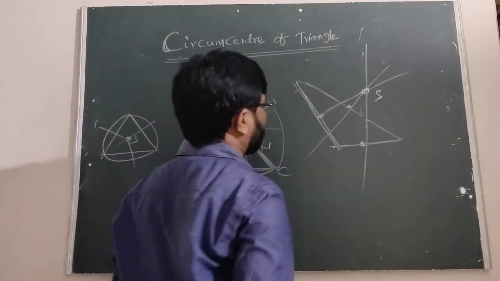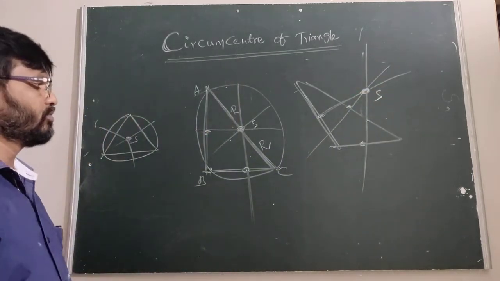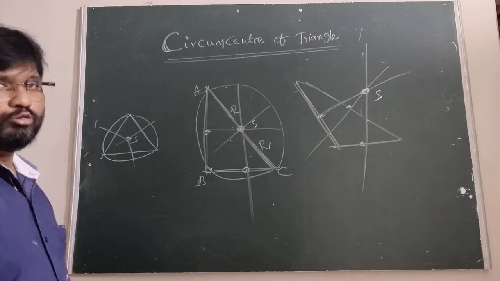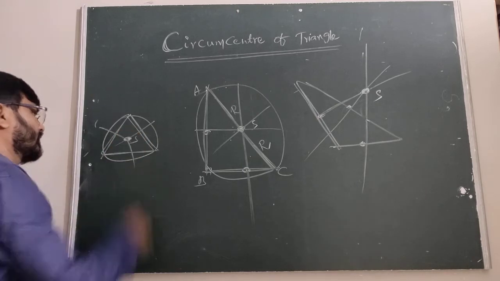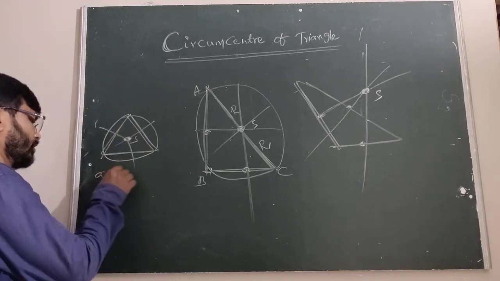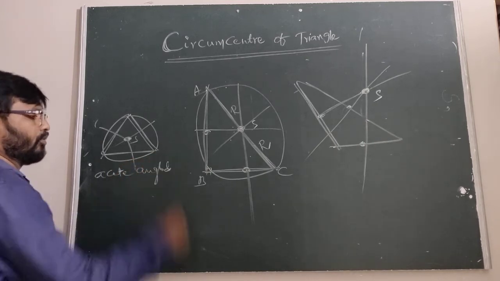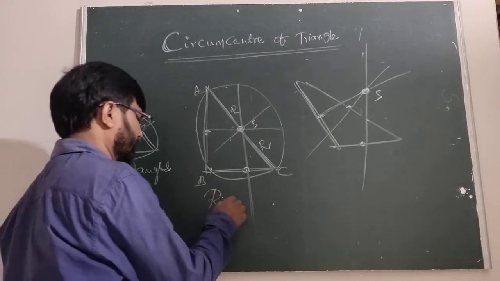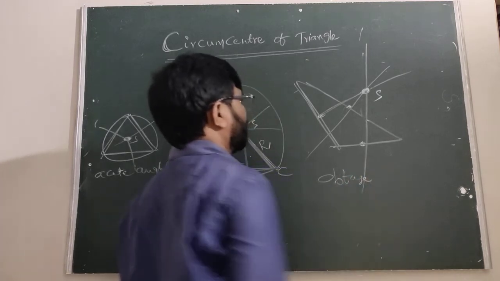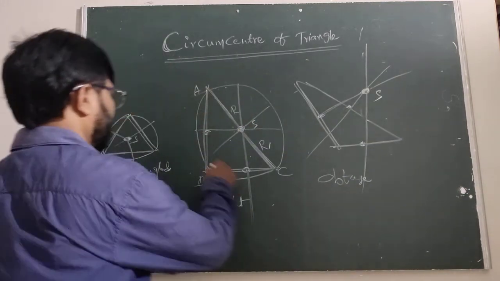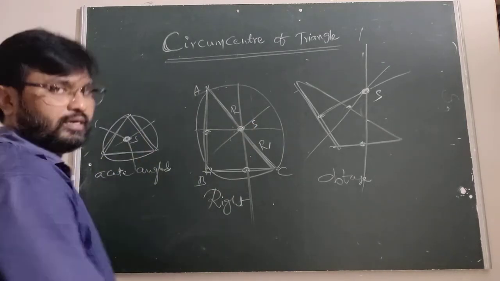If it is an obtuse angle triangle, the circumcenter must lie outside of the triangle. If it is an acute angle triangle, the circumcenter lies inside. So this is the acute angle triangle, this is the right angle triangle, and this is the obtuse. Therefore the circumcenter is outside here, at the midpoint of the hypotenuse in the right triangle, and inside of the triangle in the acute angle triangle.